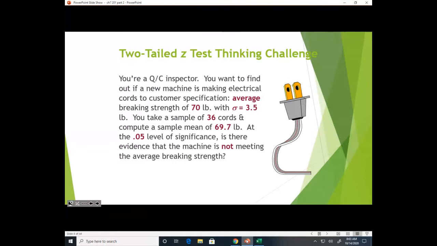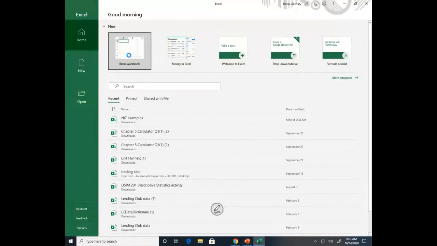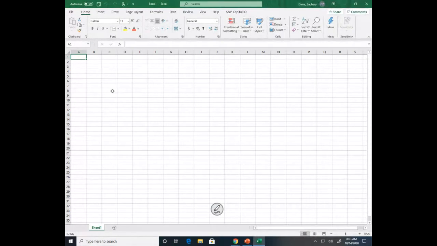I'm going to show you a slightly different way to calculate our z-score. It'll be easier to do for the one sample hypothesis test since it's not really built well into Excel.